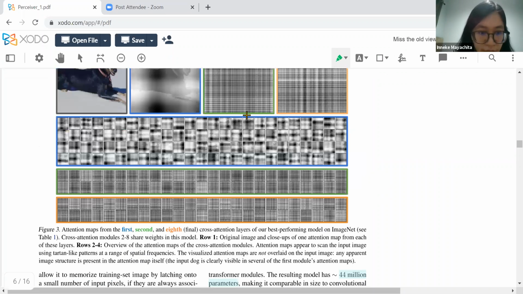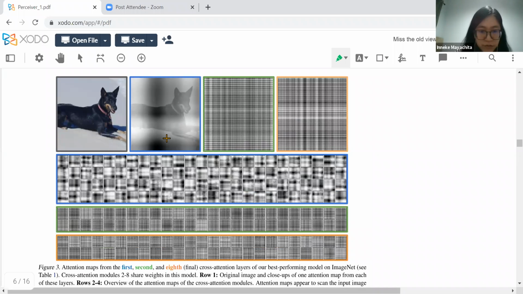We can see that in the first layer, the attention maps can still see the dog. These small boxes represent the channels. And for each box or each channel, we can still see the dogs, if you look really clearly here.